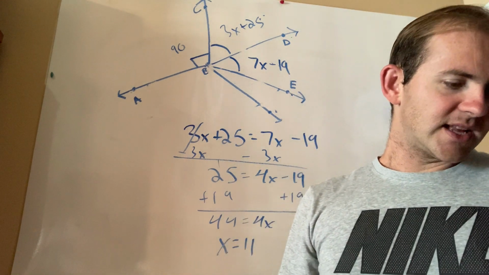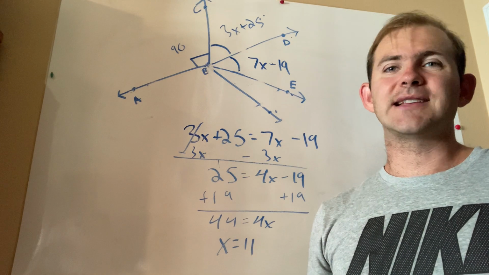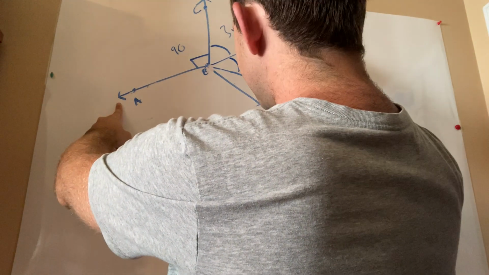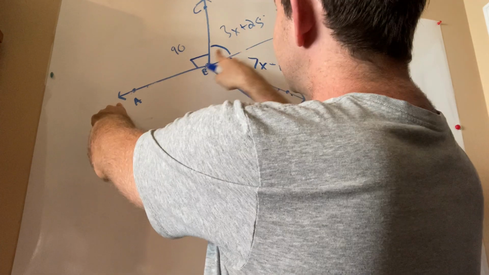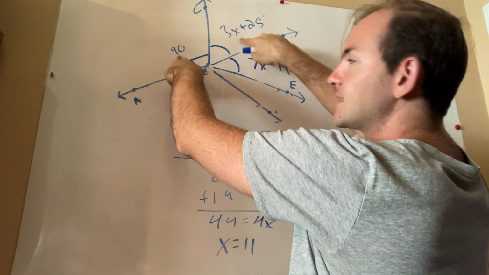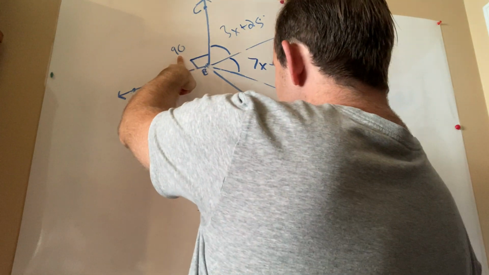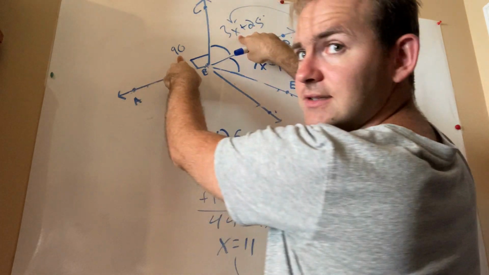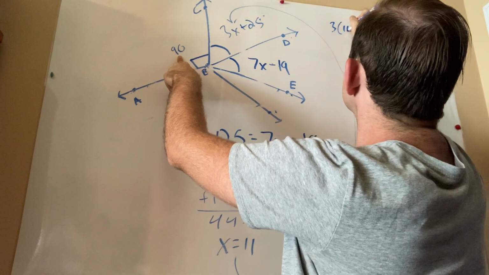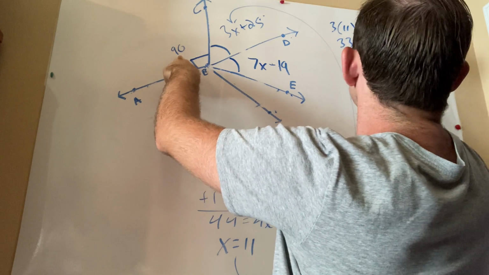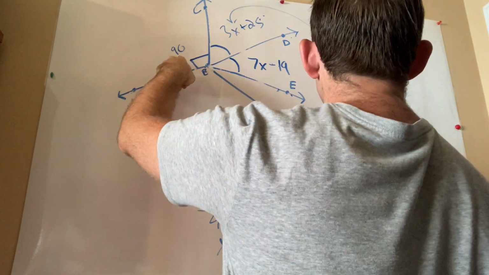Of course, that's not exactly what they're asking us for, because that would make my life too easy. They're asking us for ABD. In order to get angle ABD, I know that I'm going to have to add 90 to whatever this is right here. So I'm going to take that 11 and substitute it back in: 3 times 11 plus 25. That's 33 plus 25, which is 58.